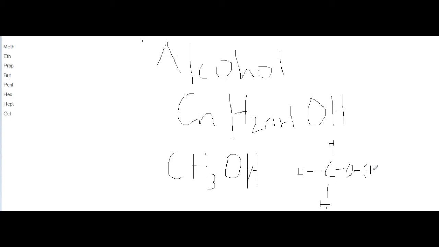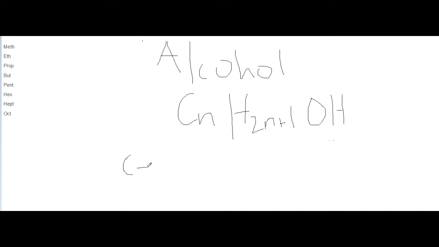Now, OH is said to be terminal, meaning that it should always be at the end of the chain. So let's say that we wanted to write a very long chain of alcohol. Let's say we had butanol. By the way, alcohols only possess single bonds.